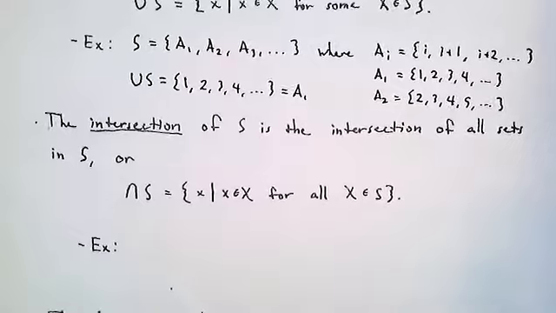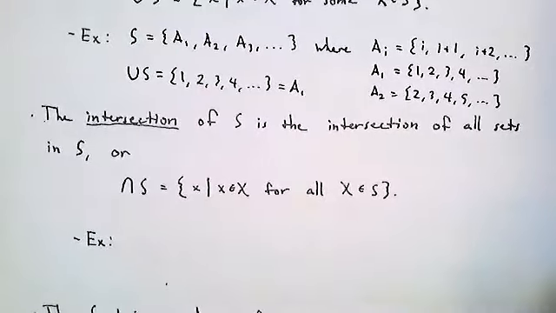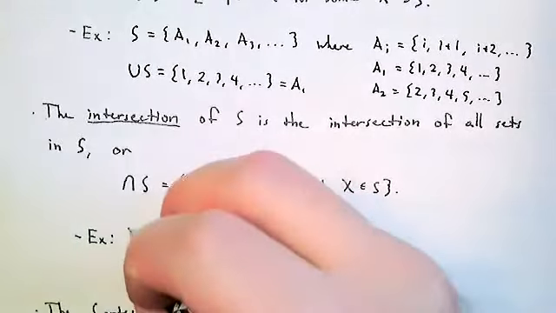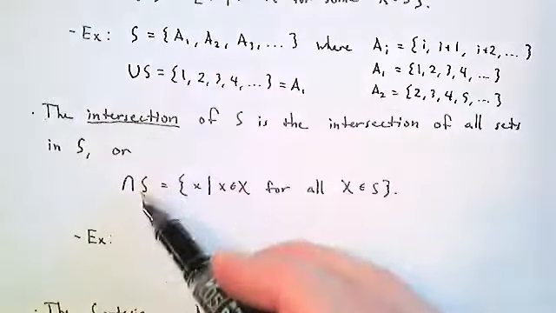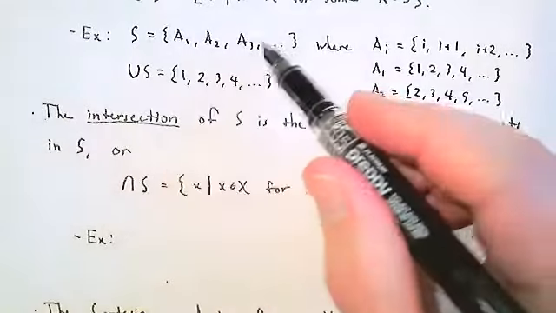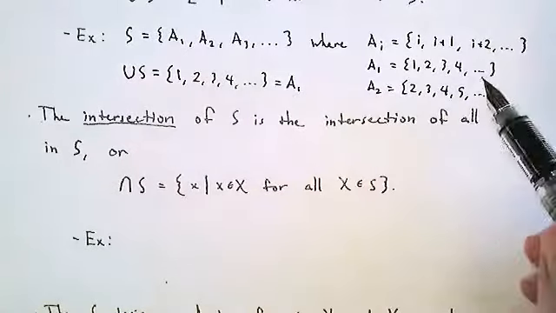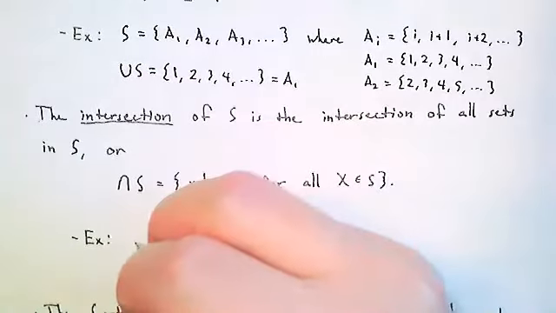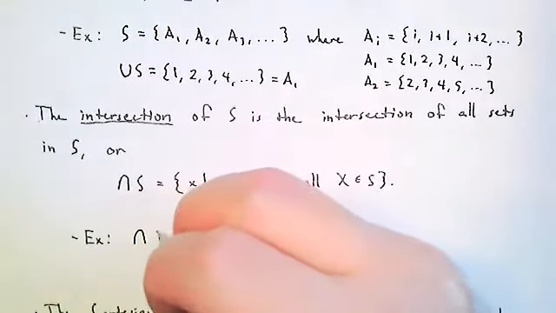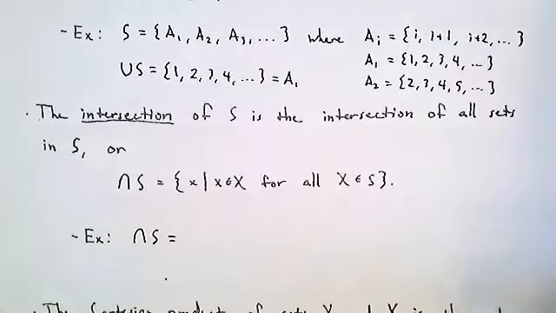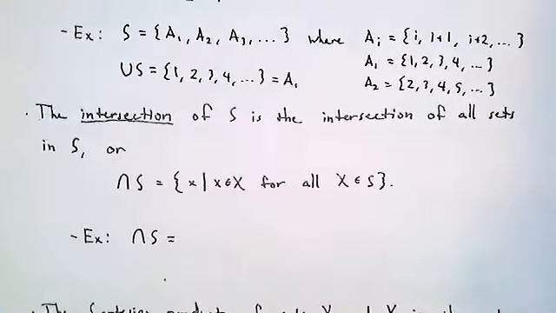So let's work our way through that to see what it means. Keep the same family. We're still looking at these sets of numbers. Let's see if we can think through what should be in the intersection.